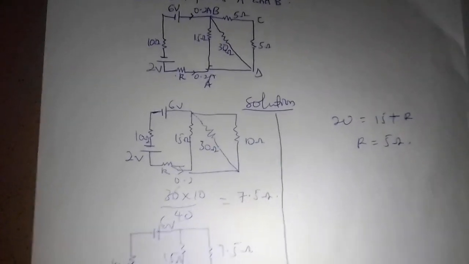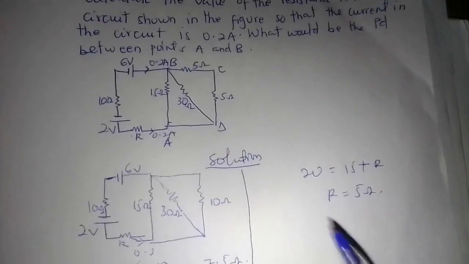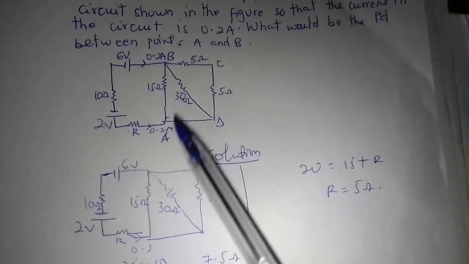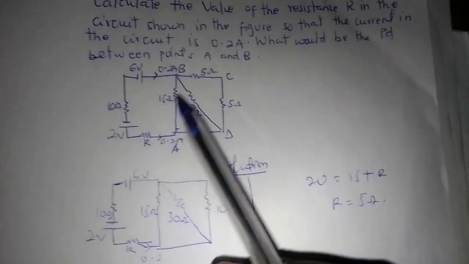Once you've got the value for R to be 5 ohms, the second part of the question is saying you find the potential difference between the points A and B here, between this point and this point. But before we can do that, we have to combine this circuit to this level.